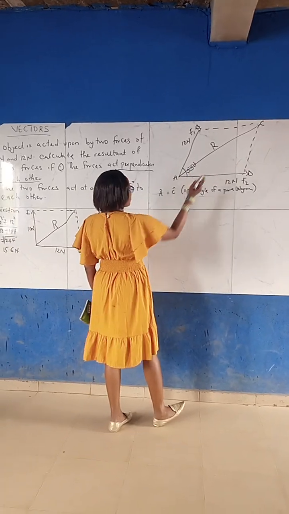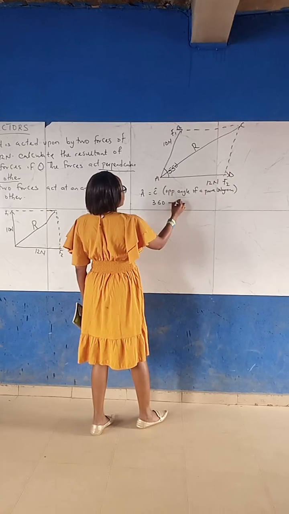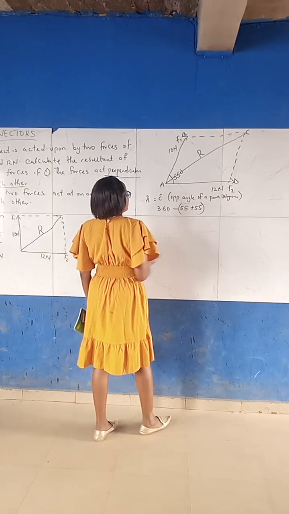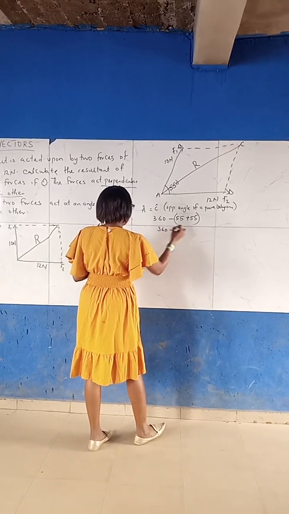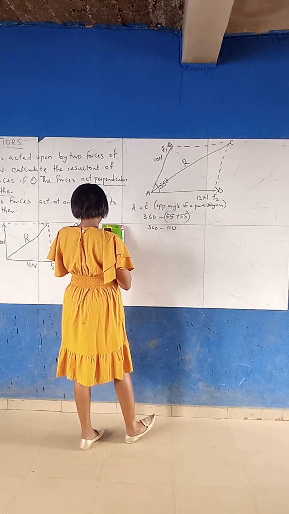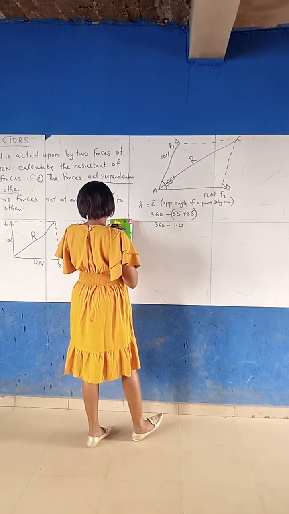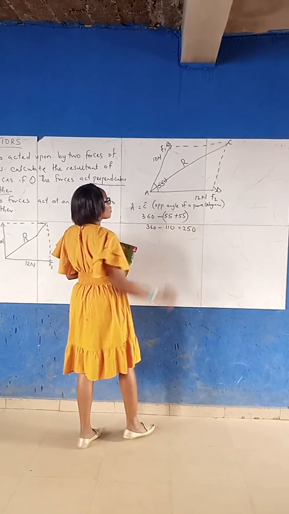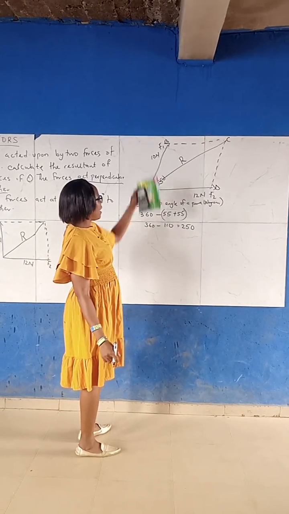So to get the two other angles, I have 360 minus (55 plus 55), which is 360 minus 110, giving me 250. So the two other angles sum to 250.